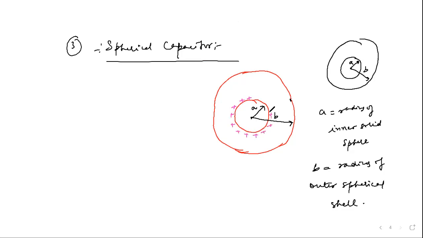So we have positive charge on the inner plate, and there will be negative charge on the outer plate.